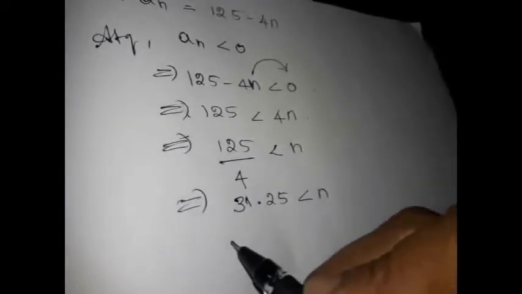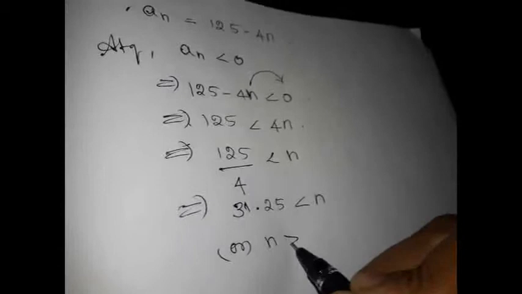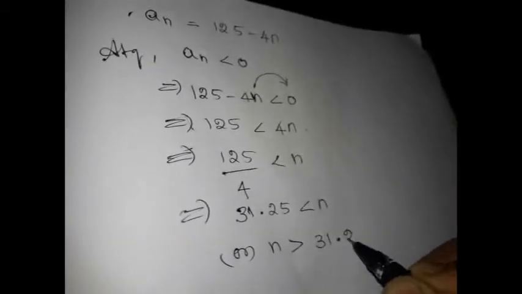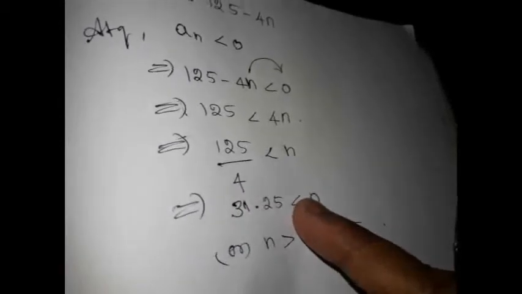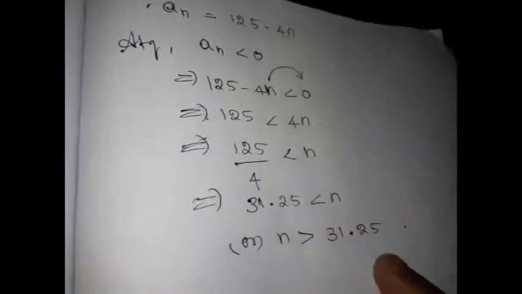If you want to rewrite it, n is greater than 31.25, right? When you bring this to the other side, the inequality will change, right? So 31.25 is less than n, or we can say n is greater than 31.25.